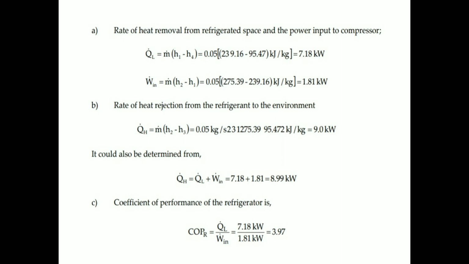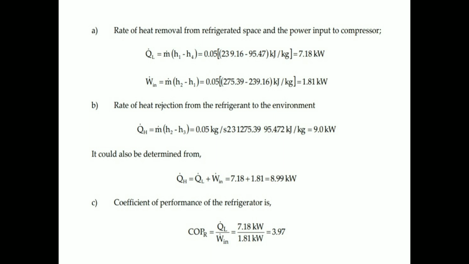1.81 kilowatt. And next they asked to find the rate of heat rejection from the refrigerant to the environment. That is in process 2 to 3, that is in the condenser. So how much heat is removed in the condenser to convert the superheated vapor into saturated liquid.